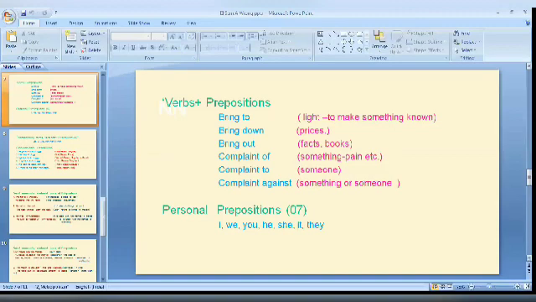There are 7 personal prepositions, and we try to understand them. They are I, we, you, he, she, it, they. So we use prepositions with these persons. How we use them, we see in the example.